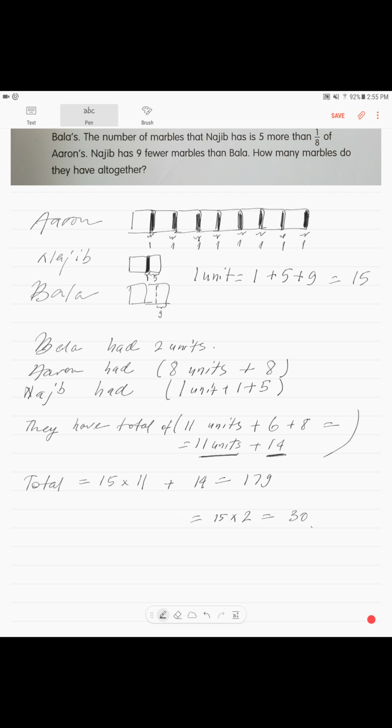We can write it like this: number of Bala's marbles, then number of Najib's marbles. How many did he have? He had 2 units minus 9. Bala's 2 units is 30, and they tell us 9 fewer marbles, minus 9. So 21. You got it?